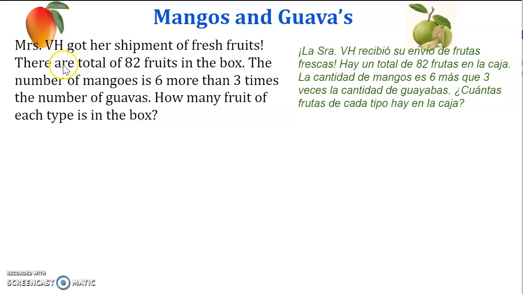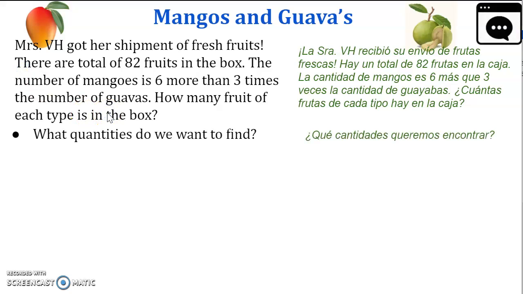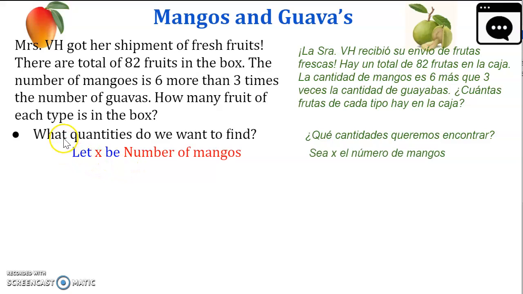in the box. So we have two different criteria, okay? So you're going to tell me in private chat what quantities we want to find. We want to find the number of mangoes and the number of guavas.